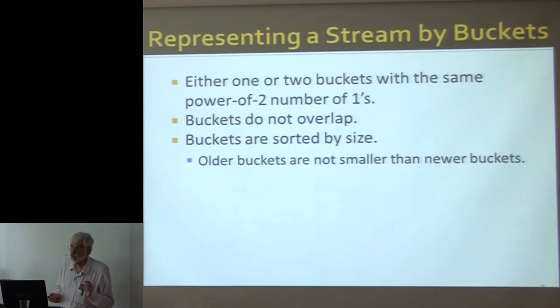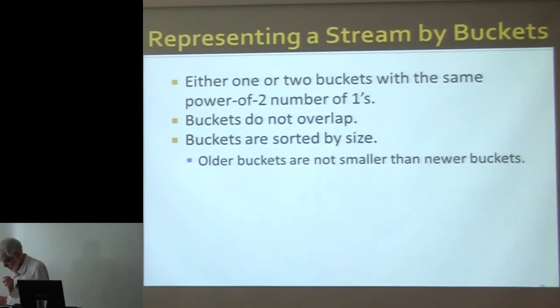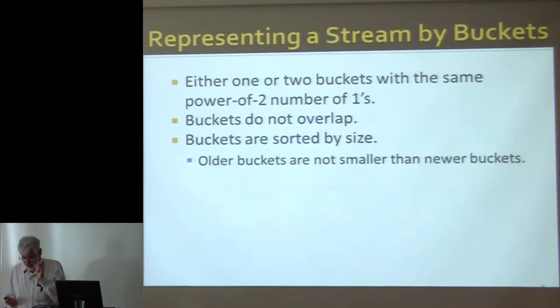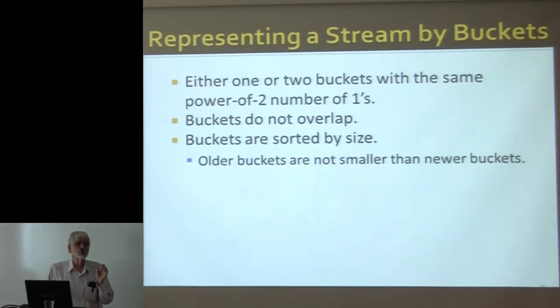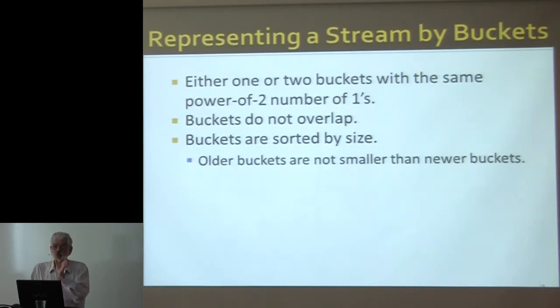Now, one of the big tricks is you want to sort the buckets by size so that the recent buckets are little. There'll be 1 or 2 buckets of size 1, that is a single 1, and those will be the most recent. And then there'll be 1 or 2 buckets of size 2, and those will be next most recent.